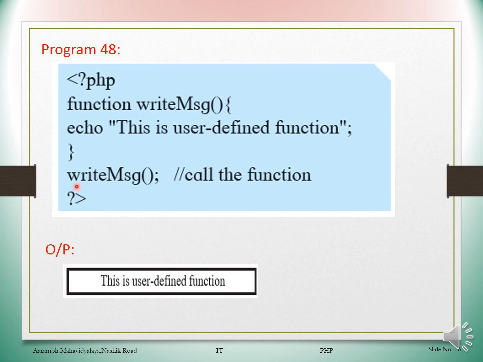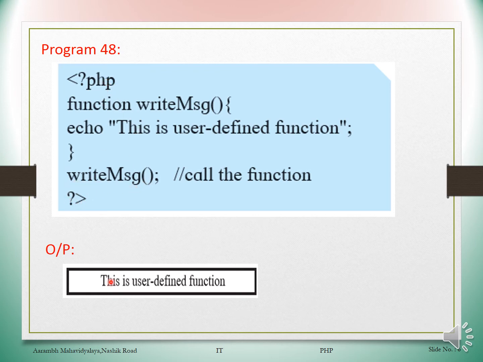Now here we have called that function, writeMessage, and then provided the semicolon. Here in the comment it is given: call the function. That means by using this type of structure we can call the provided function. Here we have just declared it, we have not called that function. Actual calling is done here.